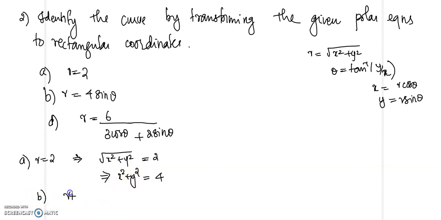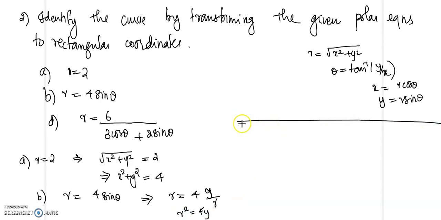And next is r equal to 4 sin θ. Now sin θ is y by r. So that will give r square equal to 4y. The r square will be x square plus y square.